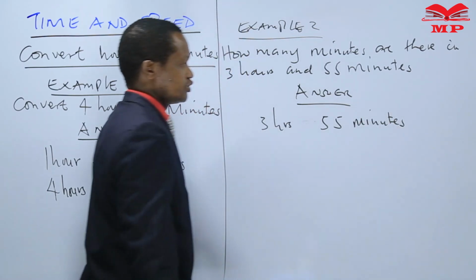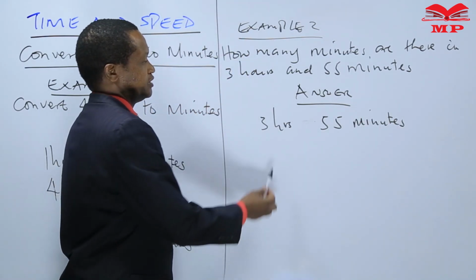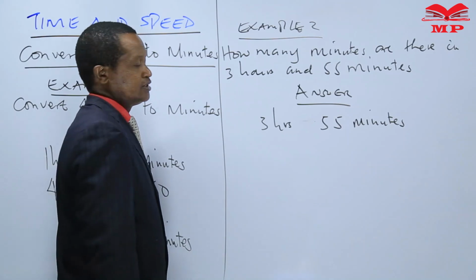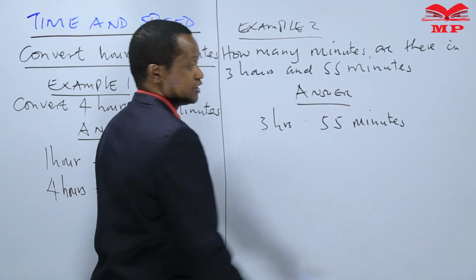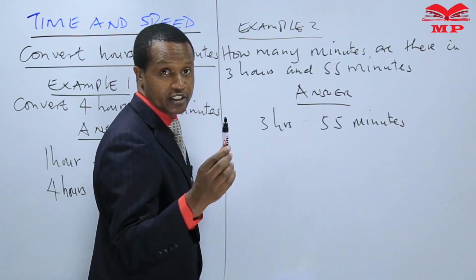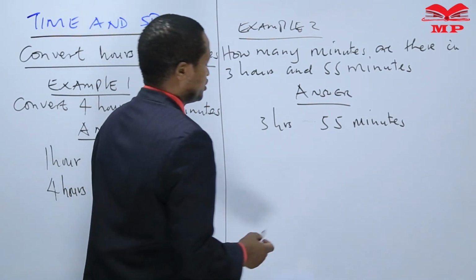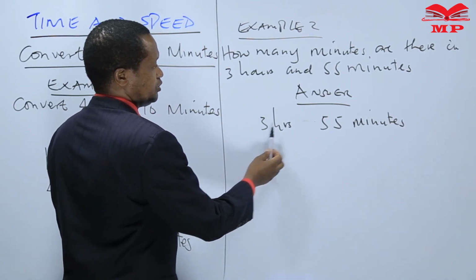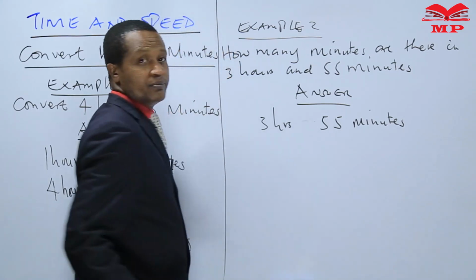We are supposed to convert 3 hours into minutes. We don't need to convert 55 minutes because it is already in minutes. So we convert these 3 hours, then we add 55 minutes.